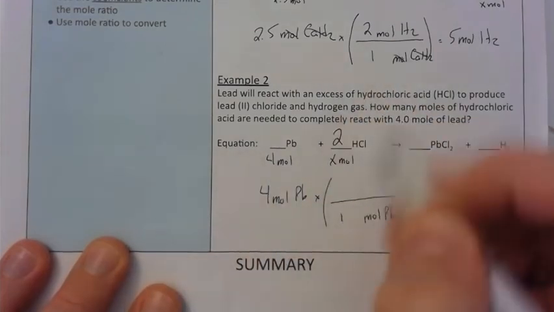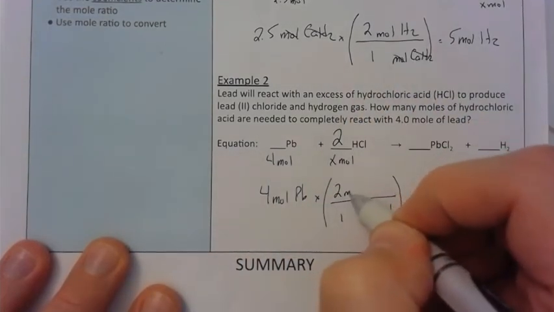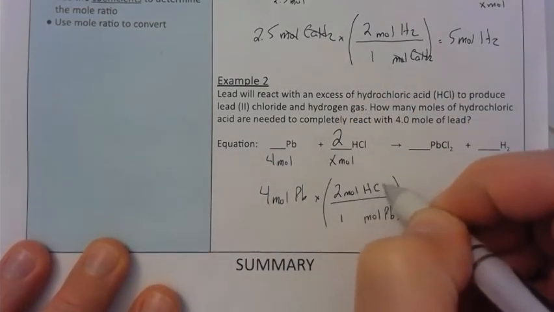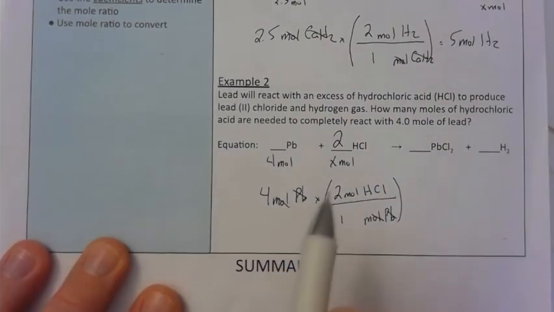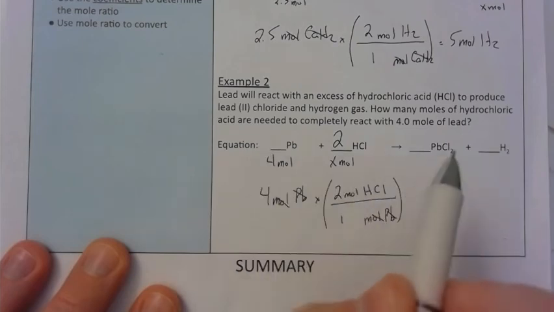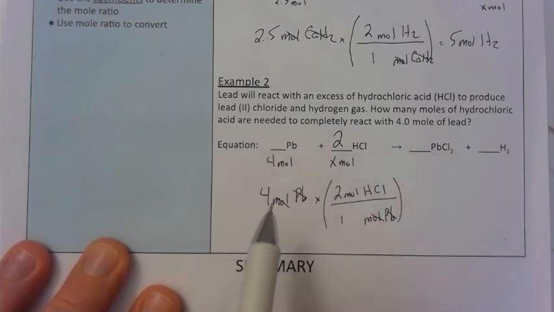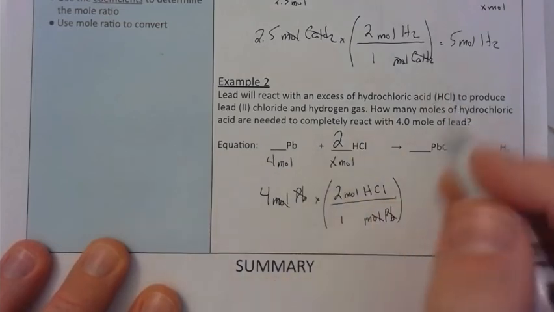And for every 1 mole Pb, there's 2 moles HCl. Moles Pb will cancel. And by focusing just on the labels and using the correct coefficients, it shows that we would need to multiply by 2 to get the correct amount of that reactant.